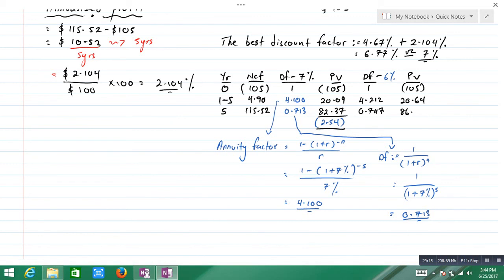Yeah. Now that should give you a positive answer, which is 1.93.